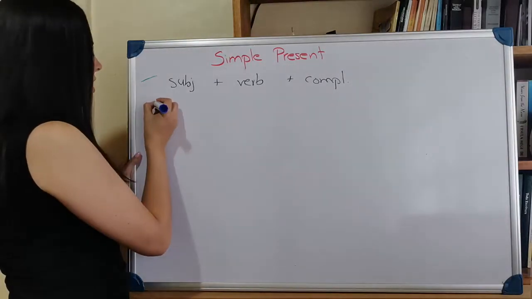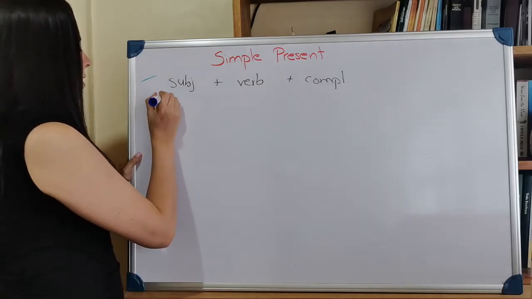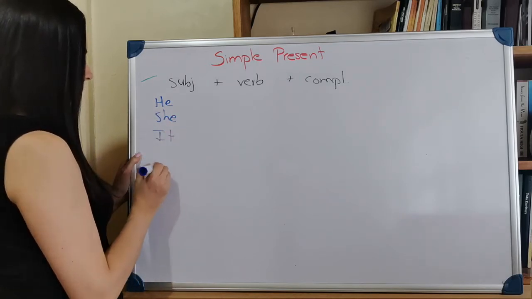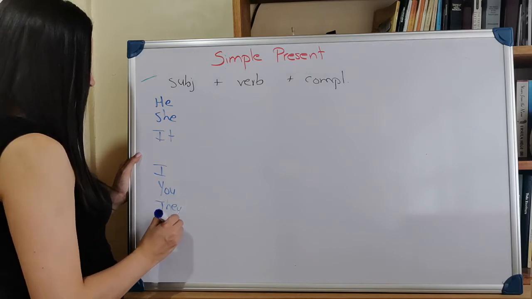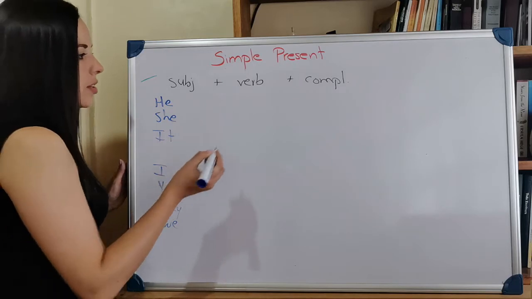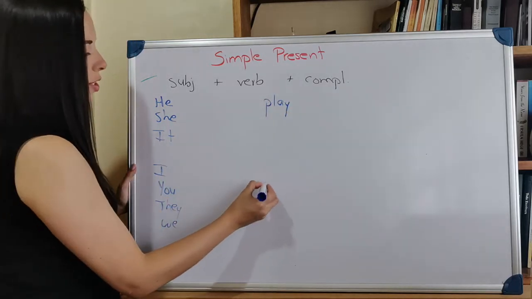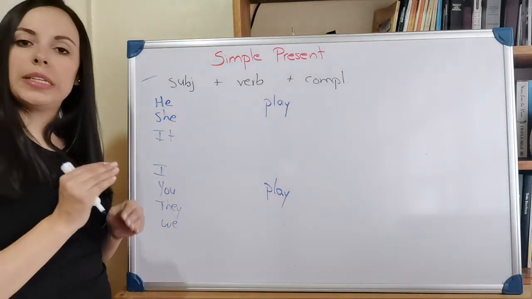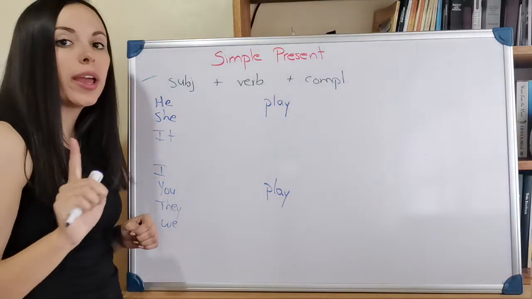So my subjects are the same. Well, let me keep the same order. He, she, and it. I, you, they, and we. Let's use the same verb, play. And here, play. Okay, what do I need to say that he, she, or it no juegan?